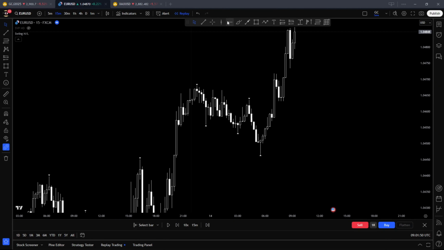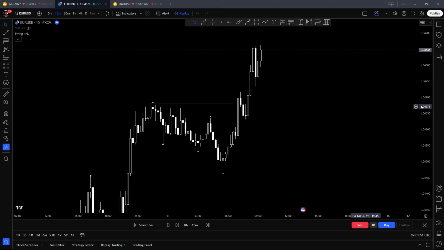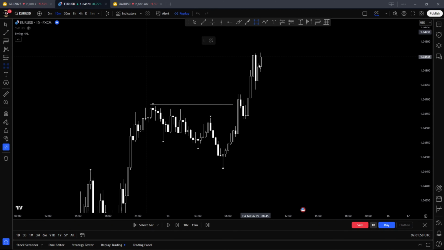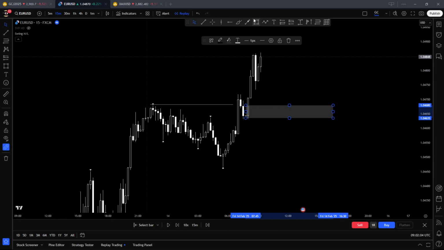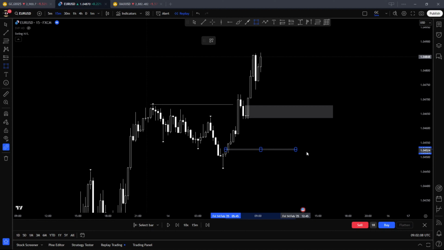Now we have this break of structure to the upside. Then we have two possible demand zones, because we have imbalance here. So we have these two possible demand zones. Then we also have this one over here as well.